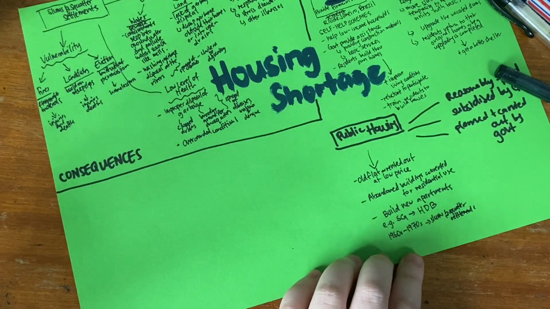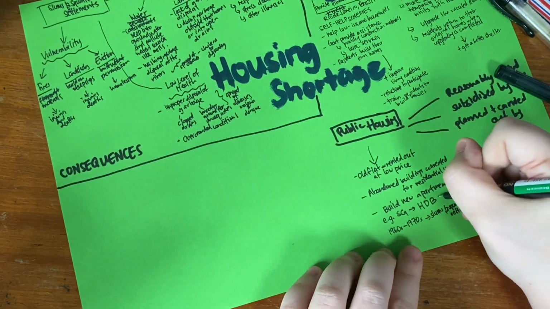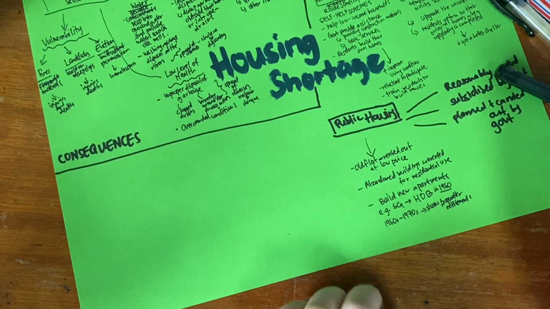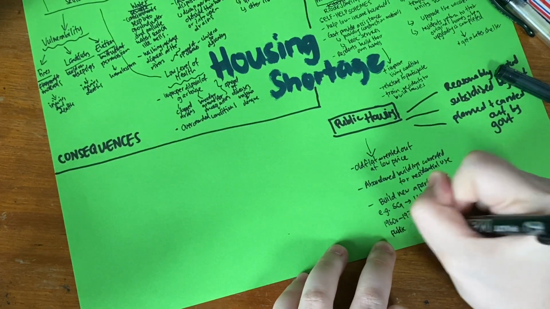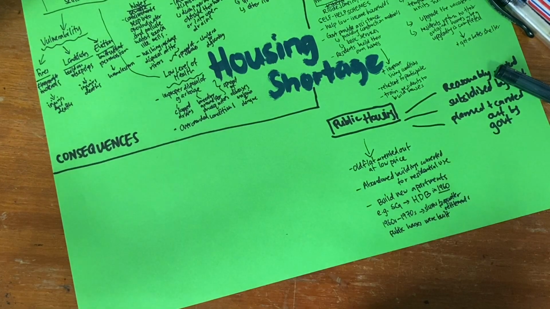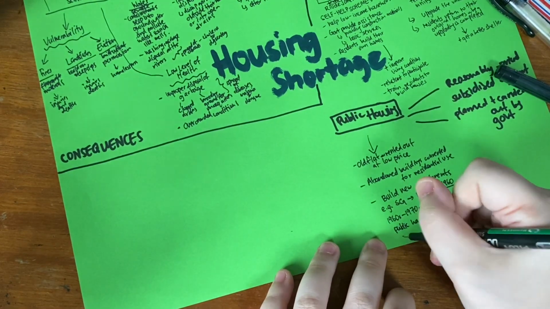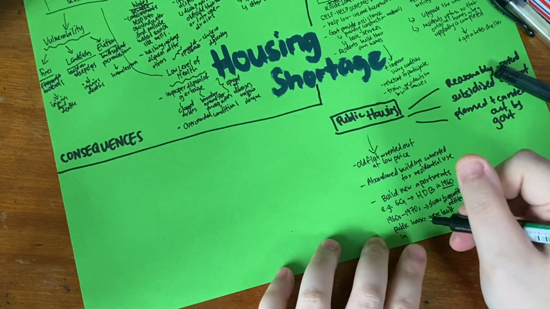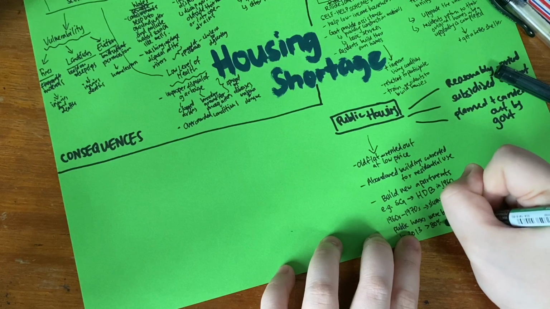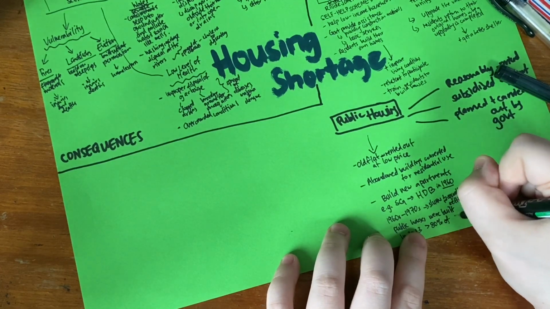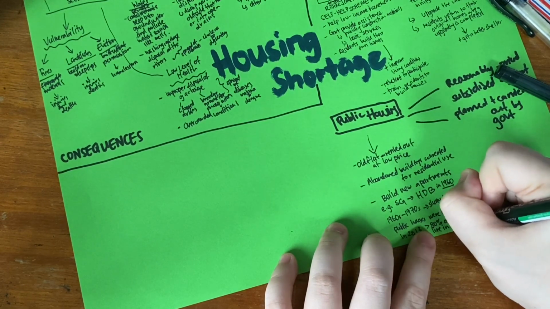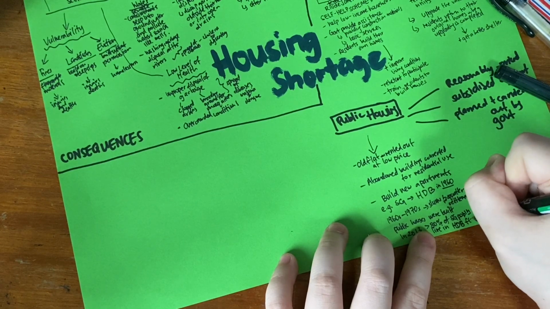So they set up HDB in 1960 and built public housing. Public houses were built for Singaporeans. In 2013, more than 80% of the Singapore population live in HDB flats. So it's a success.